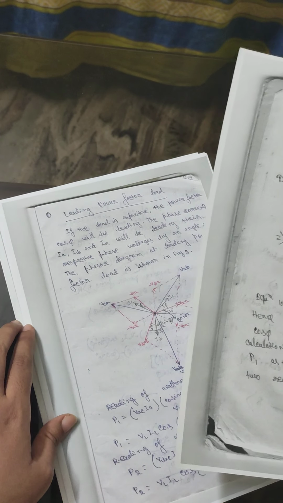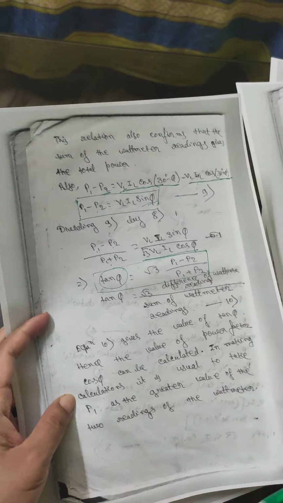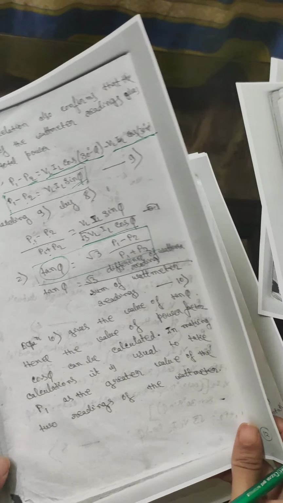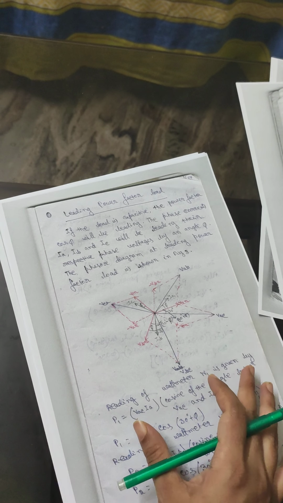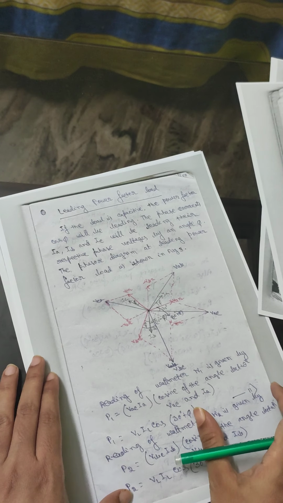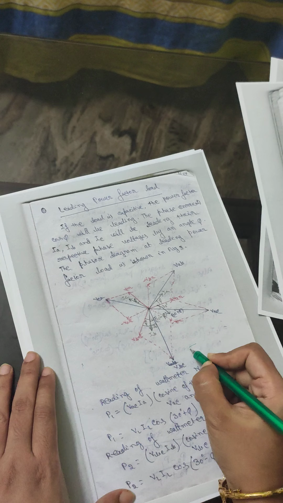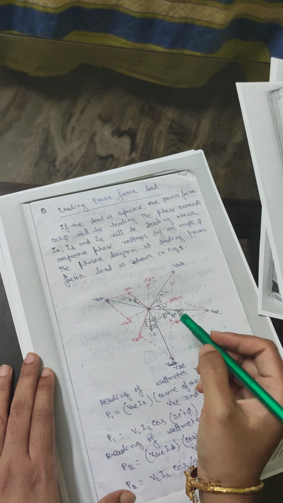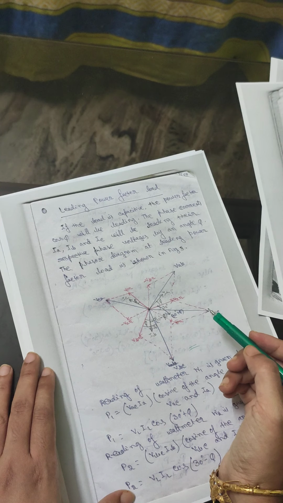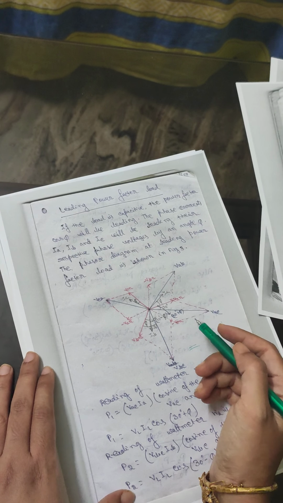Next and the last, the load we will consider is the leading power factor load. When we consider this one, it is the same as the previous one, the phasor diagrams are the same, but only the current is leading instead of lagging. That is the difference between them.